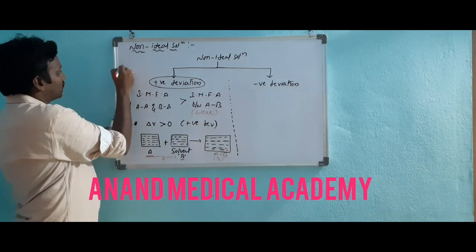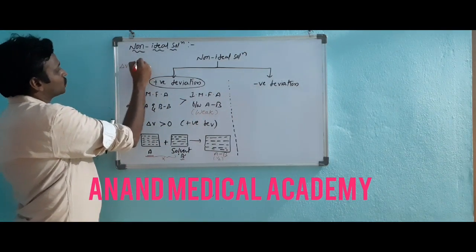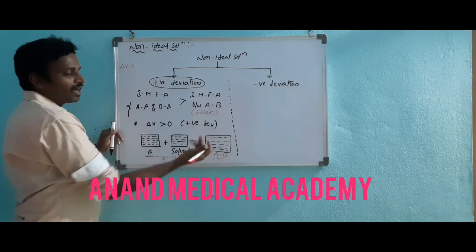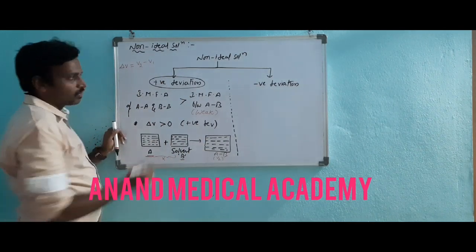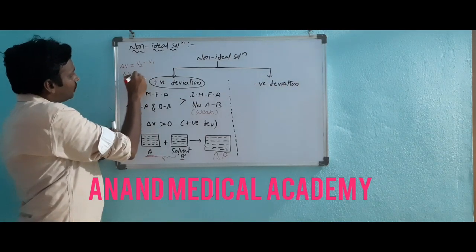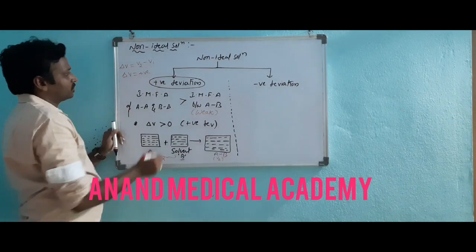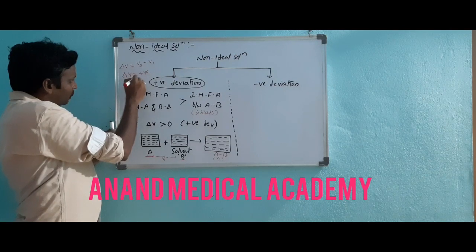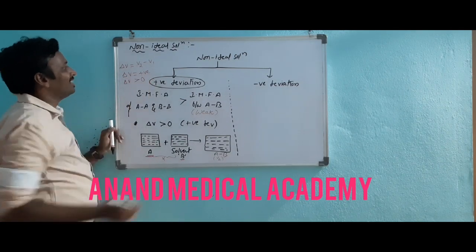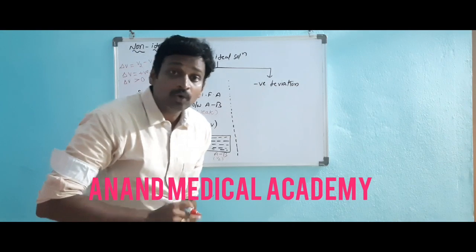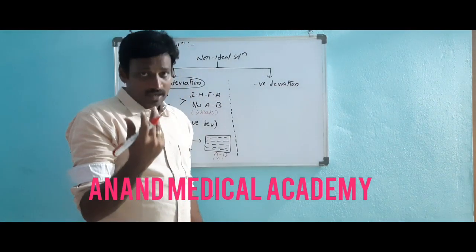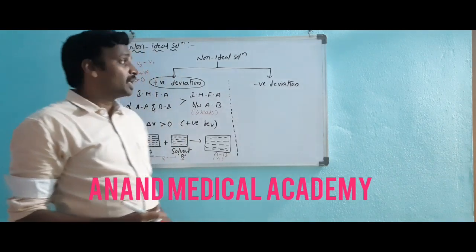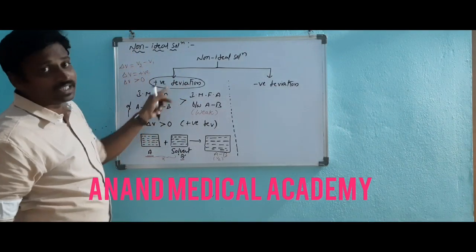Definitely the final volume is more, so V2 minus V1, final volume minus initial. So delta V is positive.